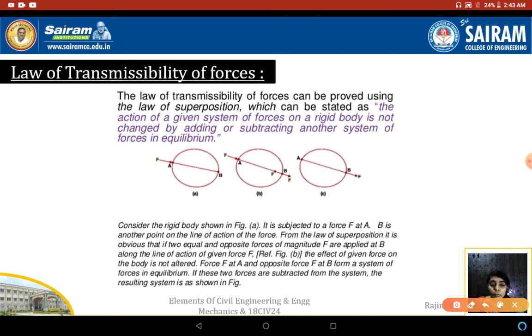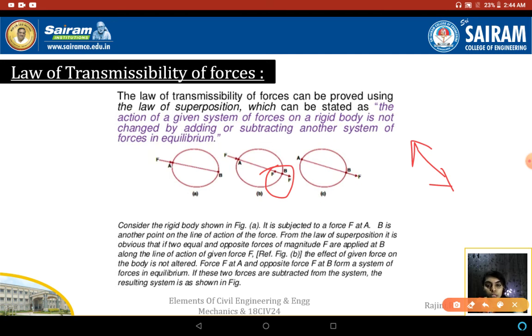From the law of superposition, it is obvious that if two equal and opposite forces of magnitude F are applied at B along the line of action of the given force F, as in figure B, the effect of the given force on the body is not altered.